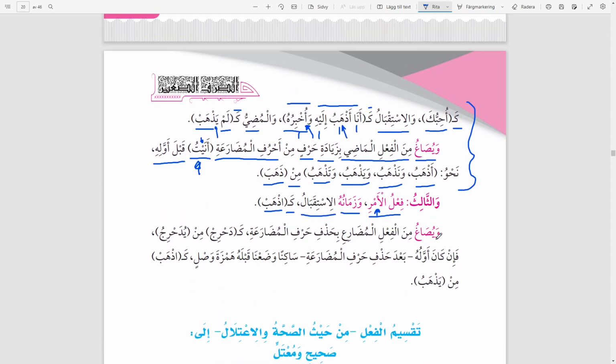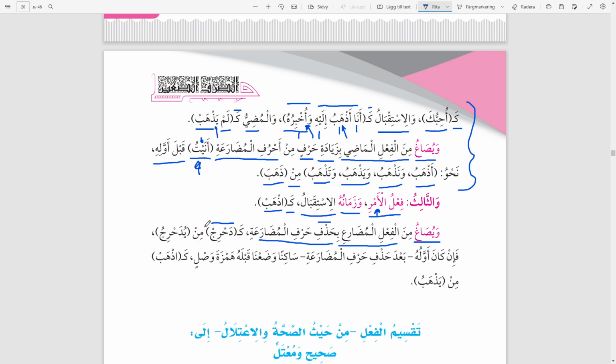And you express the imperative from the present tense verb by taking away حرف المضارعة, حذف, by removing the حرف المضارعة, like دحرج, meaning roll something, like roll the stone, for example.